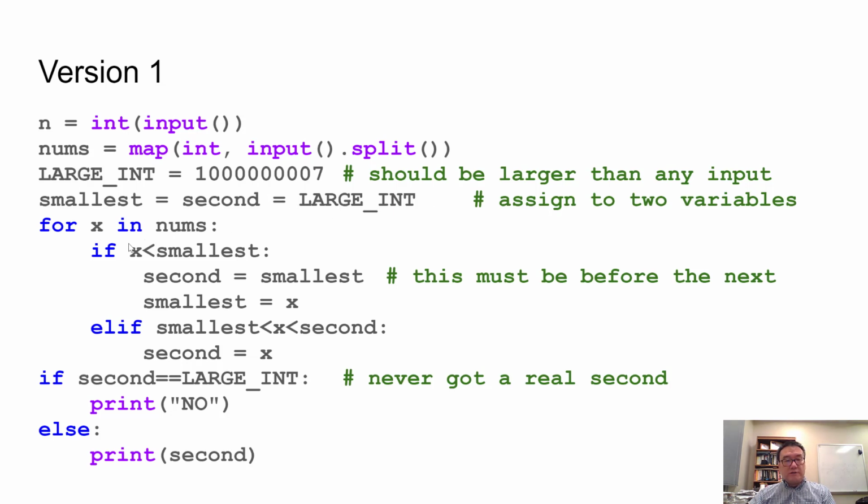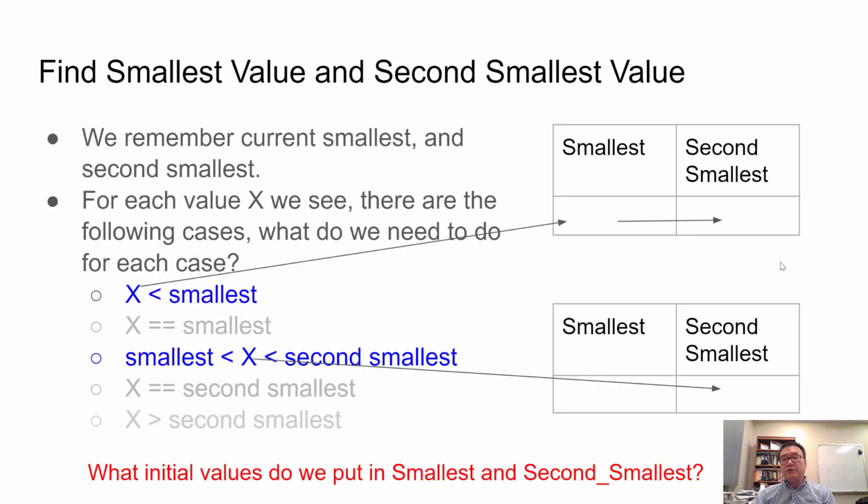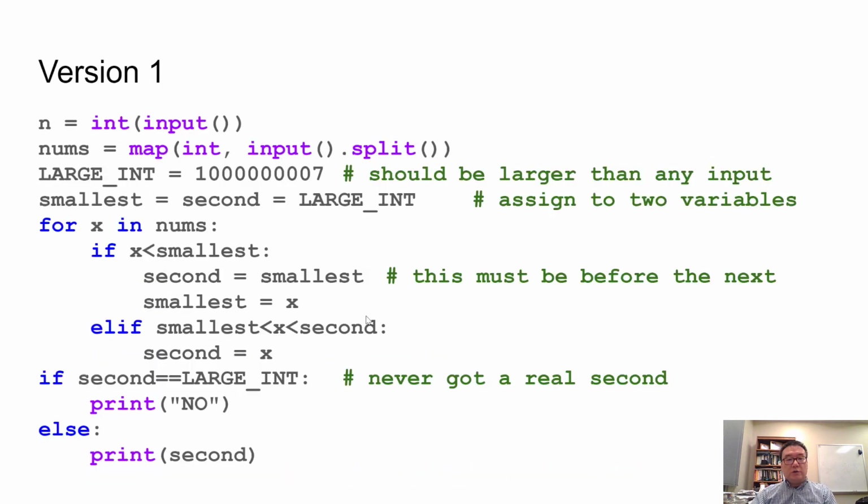And the next part is we start looking at each number. If a number is less than smallest, then we will do what we said we would do here. And the order of these two statements is important. You have to move the smallest to second first, before you overwrite the current smallest.